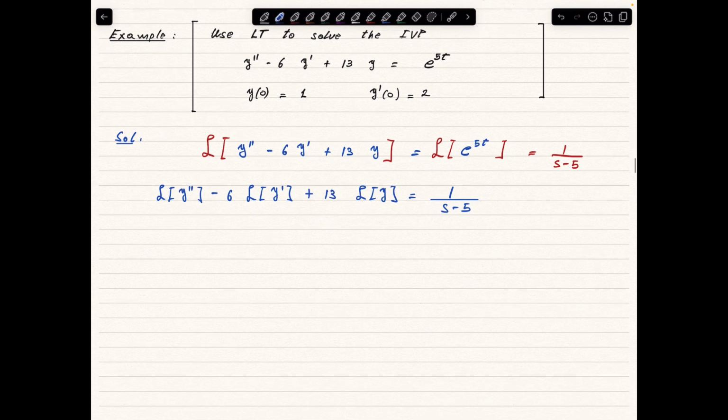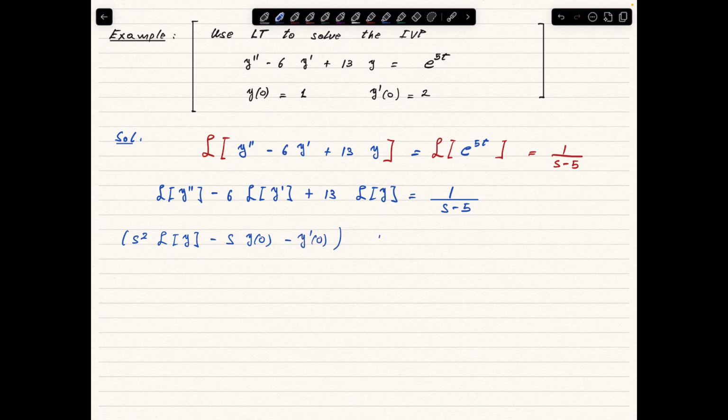Now we change derivatives into multiplications, so we end up with s squared times the Laplace transform of y, minus s times the function at 0, minus the derivative at 0.